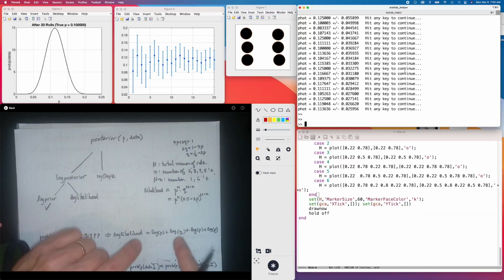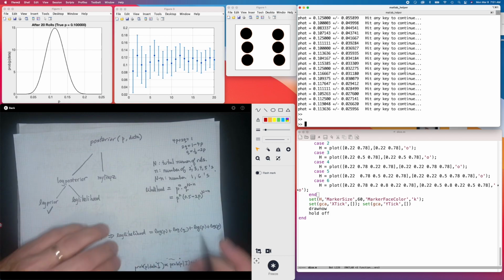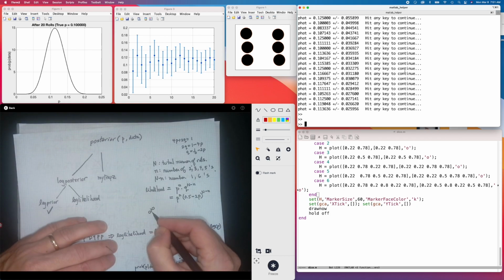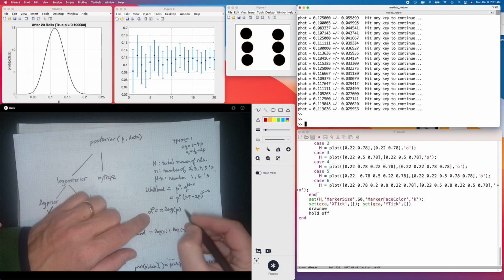And now the log posterior is going to be the log of this plus the log of the prior. And the log of the prior is a constant, so we can neglect it in this case. And so what I have for L, the log posterior, is going to be equal to little n times the log of p plus n minus little n times the log of 0.5 minus 2p.